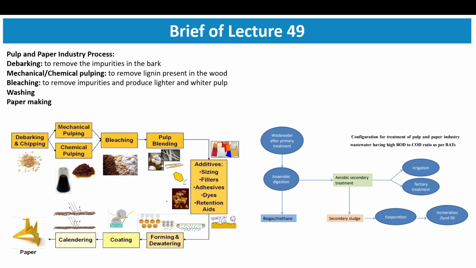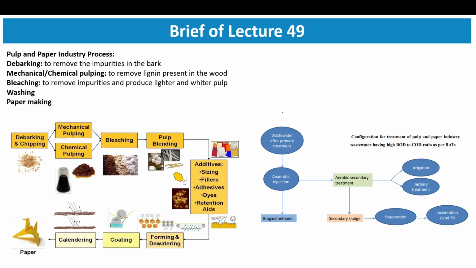So the main source of wastewater in this process is nothing but bleaching, and there is a high content of lignin. Now this lignin is very difficult to degrade.